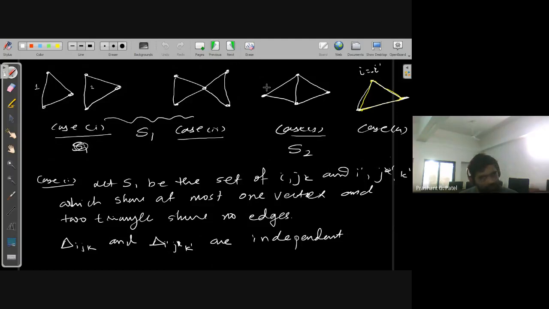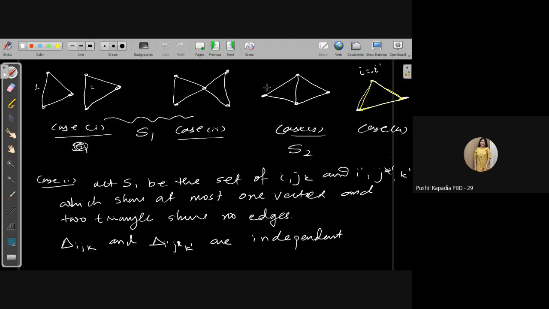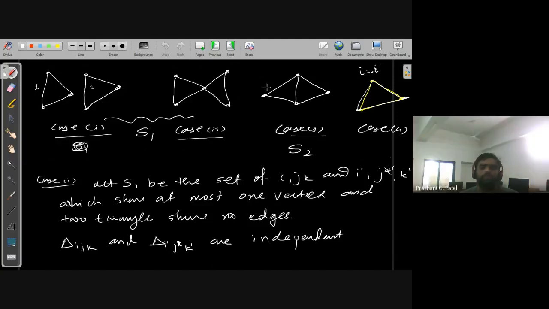So there are 5 edges. The probability of having one edge is D by n. The second edge is also D by n.